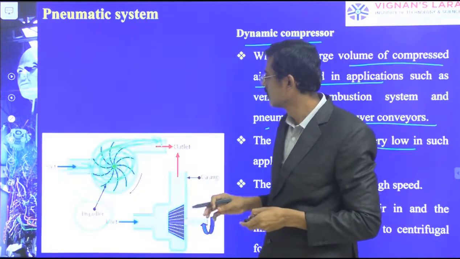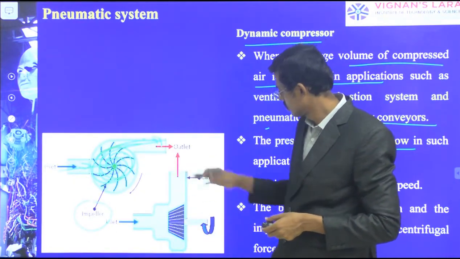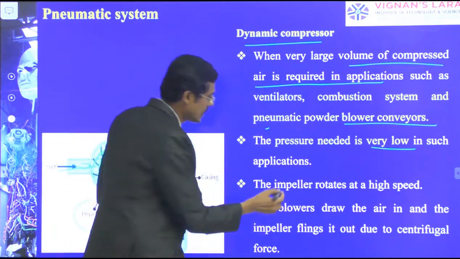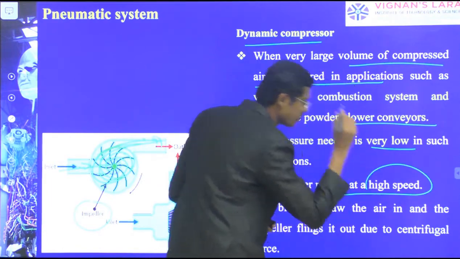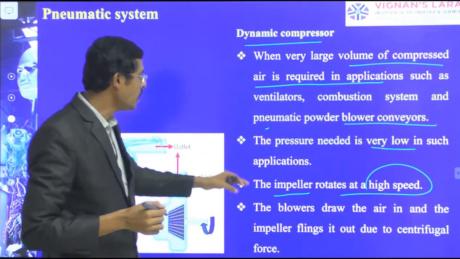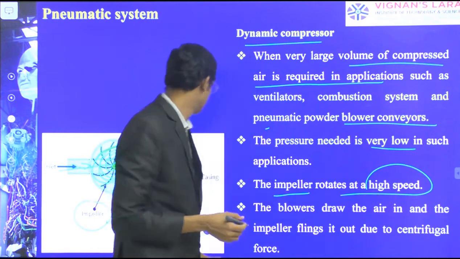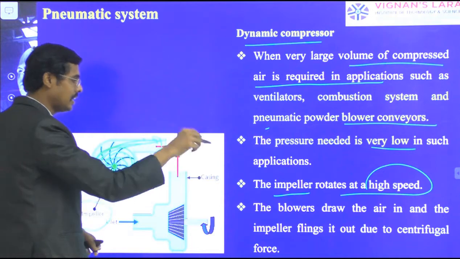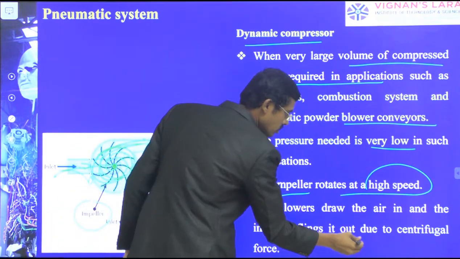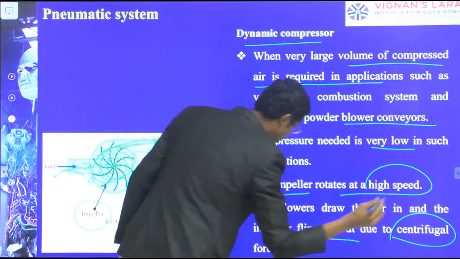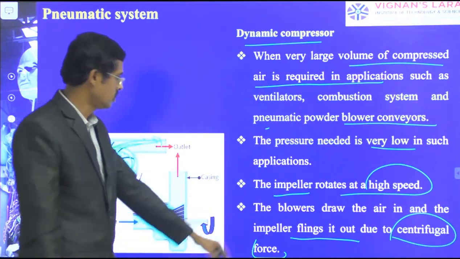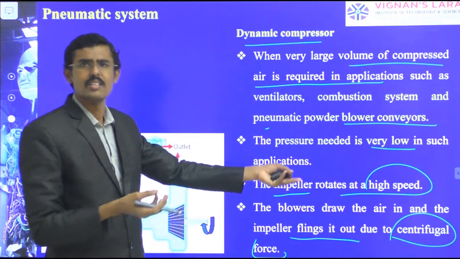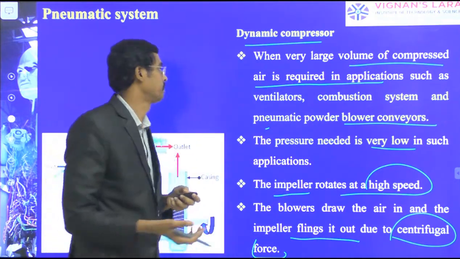Such cases are possible here, so that is named the dynamic compressor. The impeller rotates at high speed, the blower draws the air in, it comes inside, and the impeller throws it out due to centrifugal force. We have seen this in the hydraulic centrifugal pump; here also we can call it a centrifugal compressor or dynamic compressor.